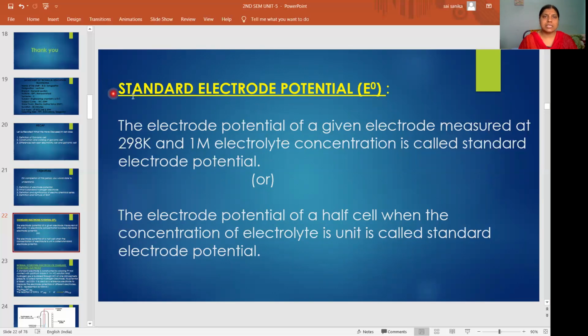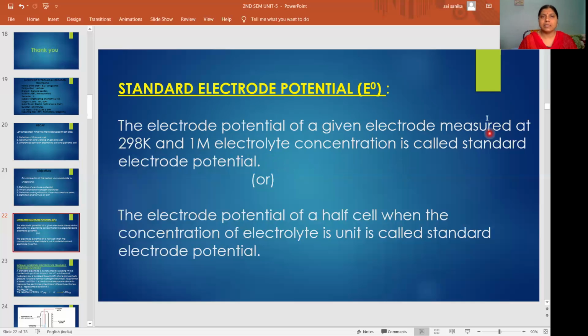So what is standard electrode potential? That is represented by E naught. Only electrode potential is capital E; standard electrode potential is E naught. The electrode potential of a given electrode measured at 298 Kelvin and 1 M electrolyte concentration is called standard electrode potential.